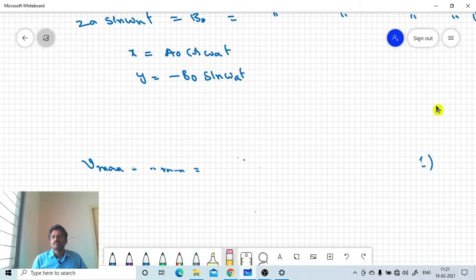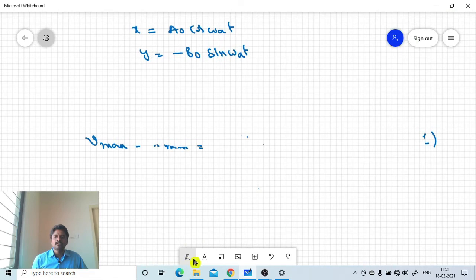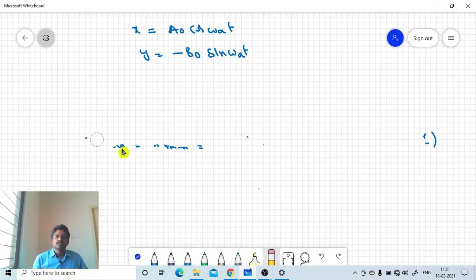Then we will move towards the velocity term. Now if you know the displacement, what is the velocity?